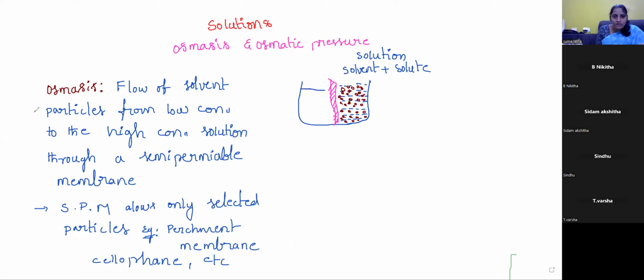Yes. And then this side you are going to take pure solvent. This pure solvent also has a minute amount of solute particles, but this is the pure solvent only.